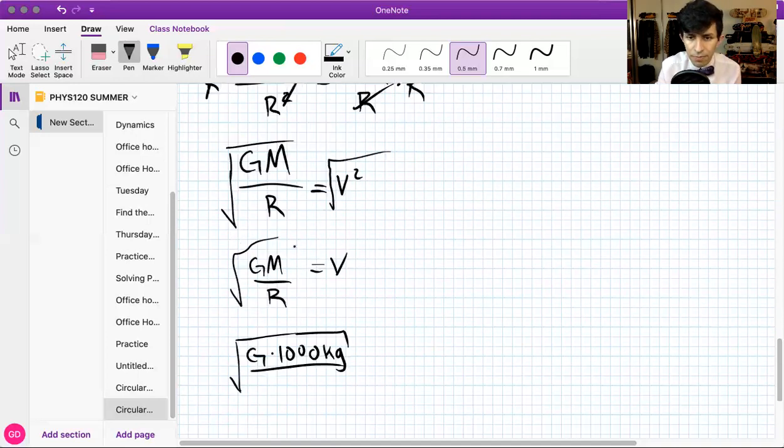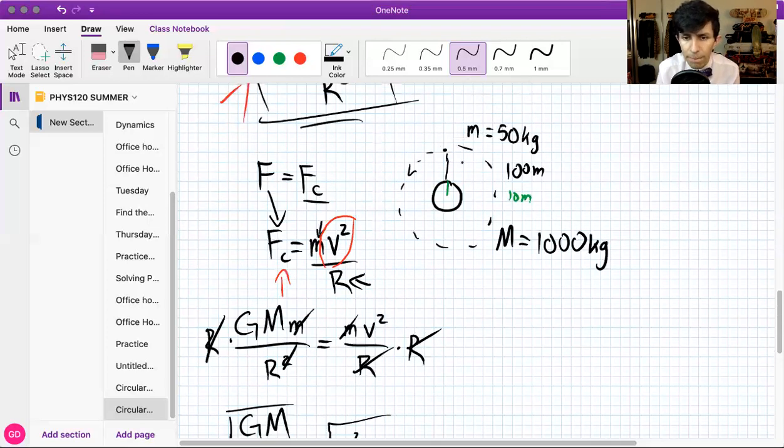The radius is 100 plus 10 because you're trying to get the radius of the circle that you're actually traveling around, not of the asteroid, but of the actual orbit you're making, which the center is right here. So from here to up here, that total distance is the 100 meters plus a 10.